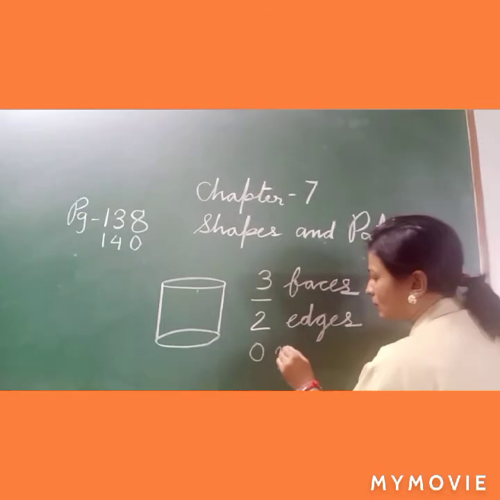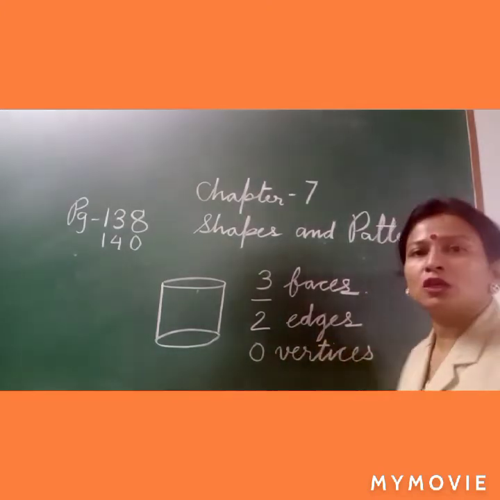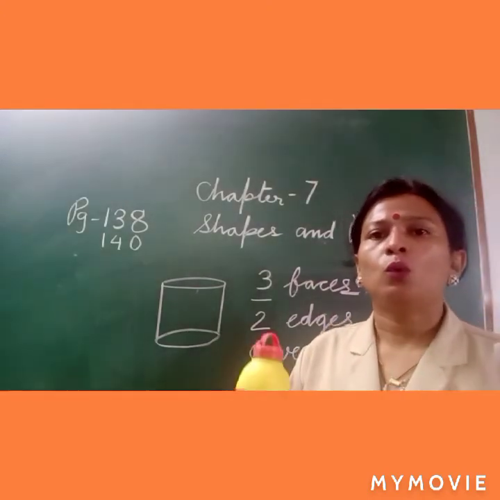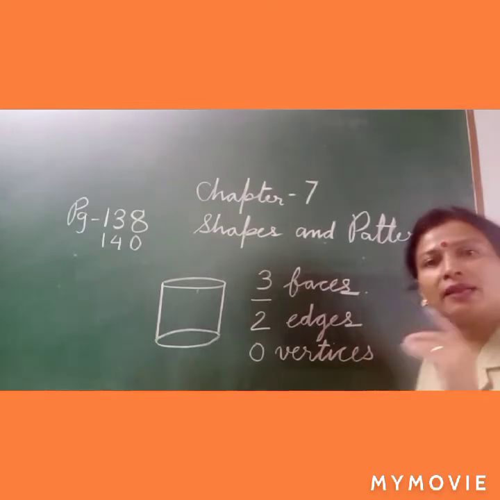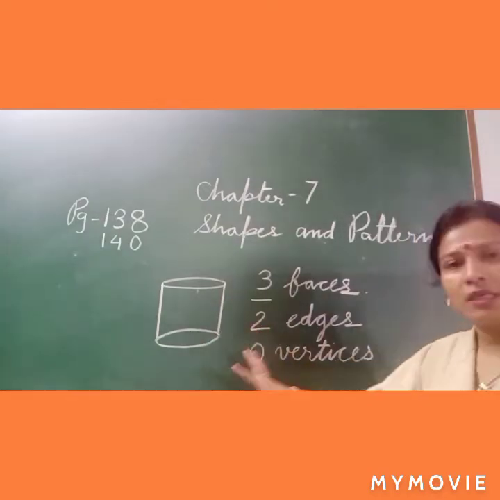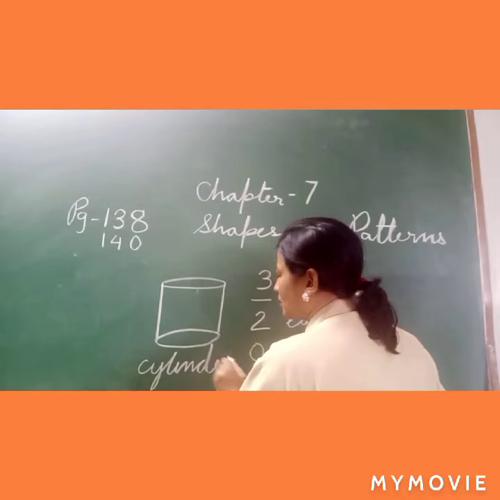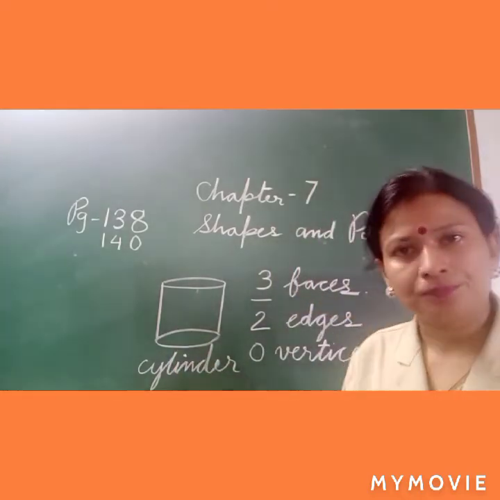So, 0 corners. So, 0 vertices, as there are no corners. Okay. Corners and vertex are the same thing. You can do it on your own, you can count it.